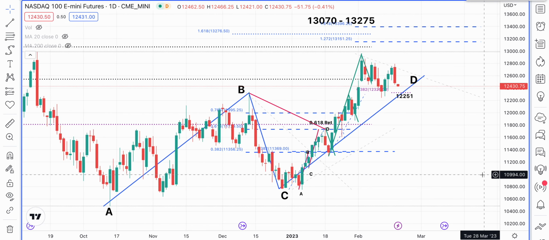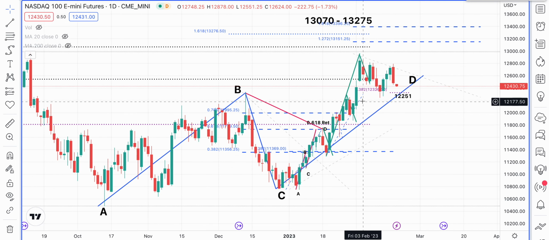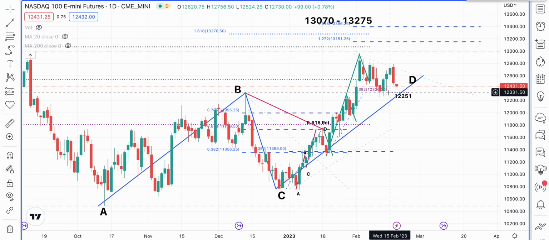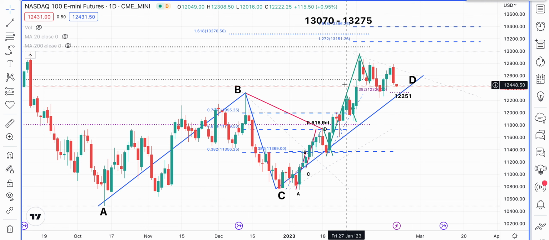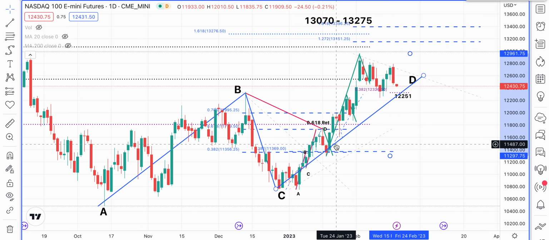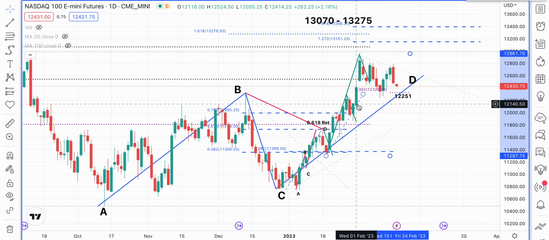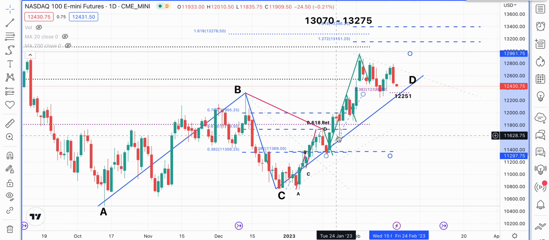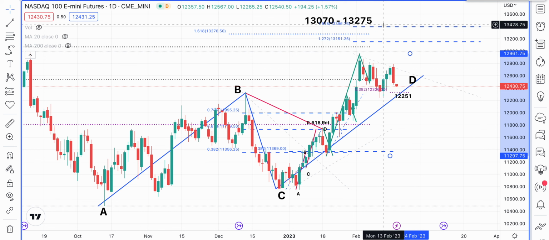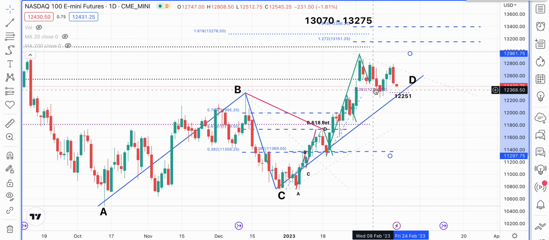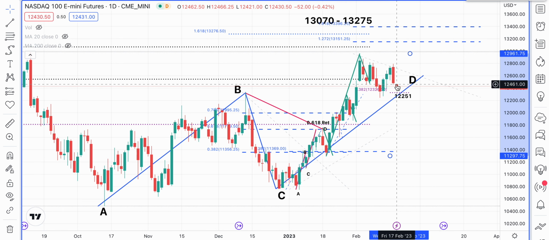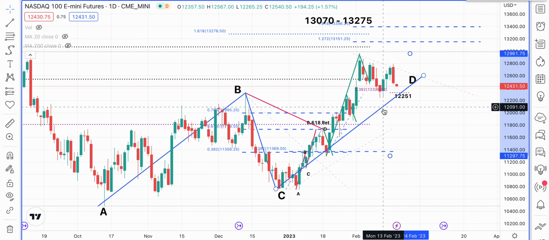And here, something interesting to note is that after finding support around the 38.2% Fibonacci retracement of this smaller CD, smaller leg within the CD leg, the market today had a big pullback here.